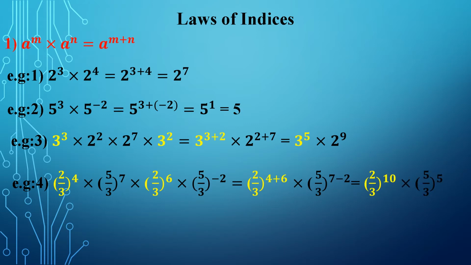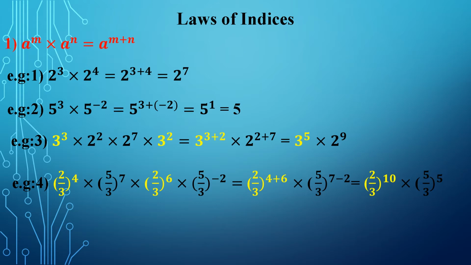Let us see an example for fractions. Here also, I have distinguished them by yellow and black. You can see the ones in yellow: 2 upon 3 is the common base. 2 upon 3 raised to 4 into 2 upon 3 raised to 6, both yellow, will give us 2 upon 3 raised to 4 plus 6.